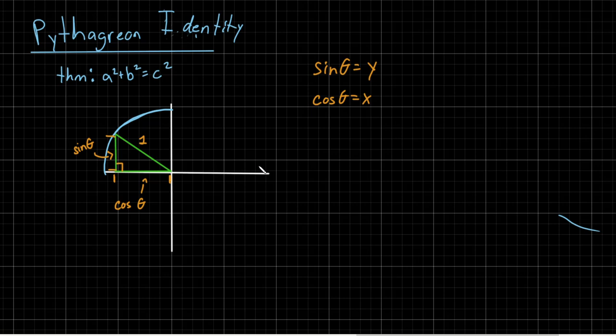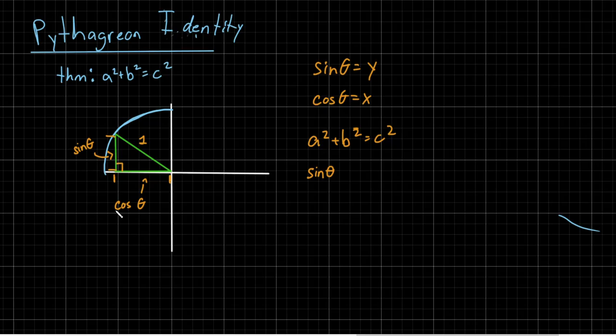Okay. So I have a squared plus b squared equals c squared. Let's plug in these values. What is a? It could be either one. So let's say it's sine of theta. Is sine theta positive or negative here?